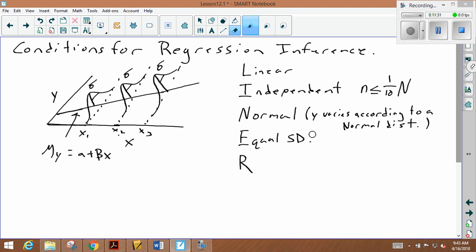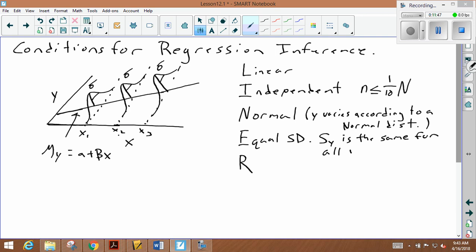So we could say S of y, the standard deviation of y, is the same for all values of x. And then R is random. The data comes from a random source.